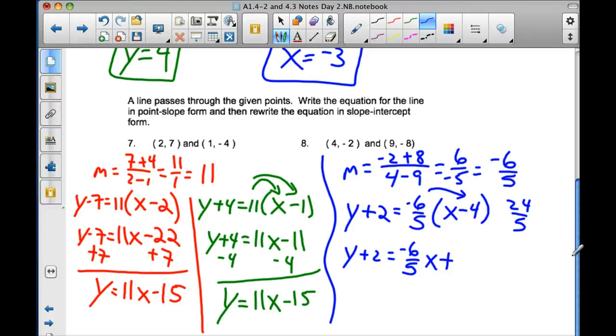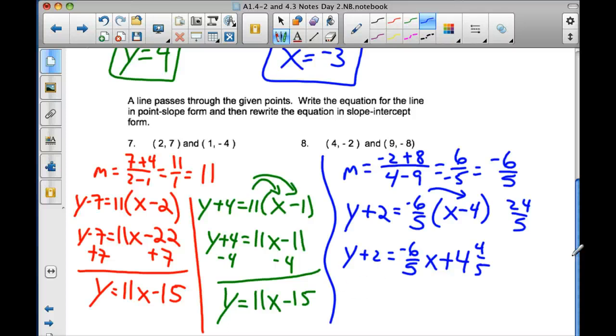How many times does 5 go into 24? 4. How many are left over? 4. Now, I just did it without a calculator. If you grab a calculator and type it in, it's going to say 4 and 4/5. I think you guys are smart enough to do this in your head.